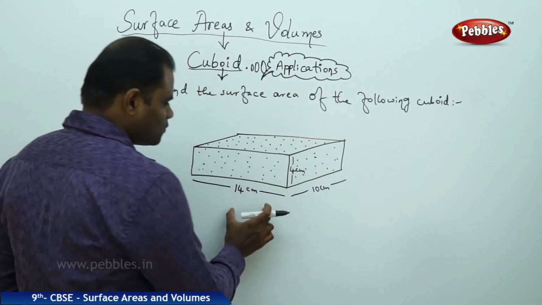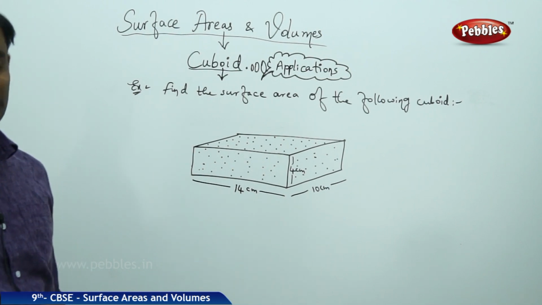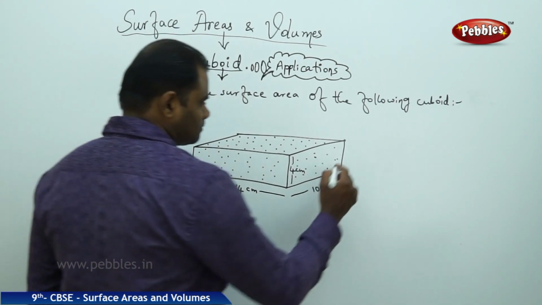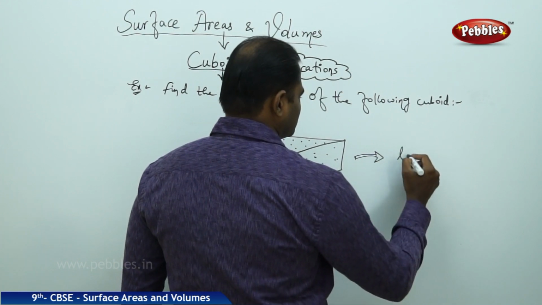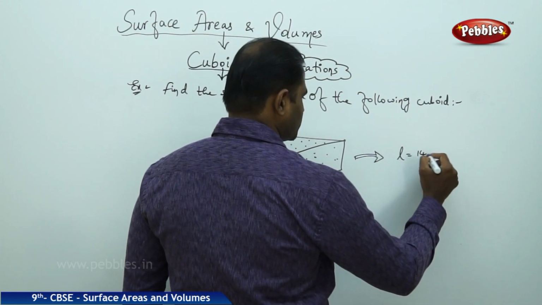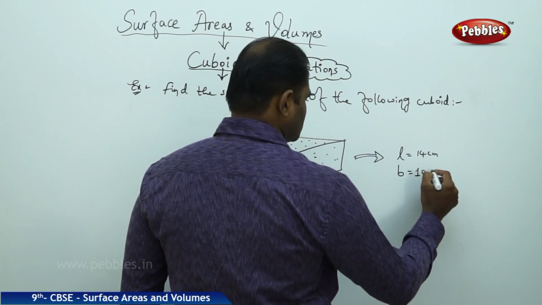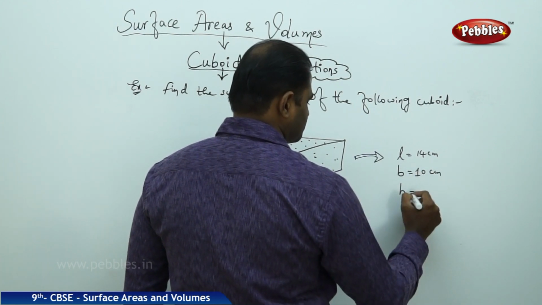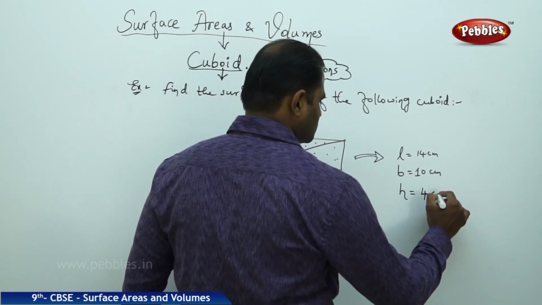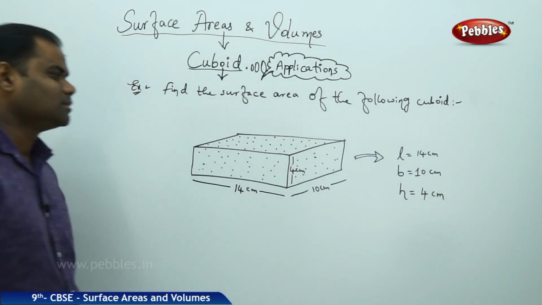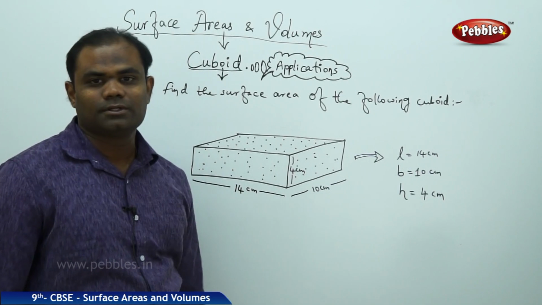Clearly, the dimensions 14, 10, and 4 are nothing but the length, width, and height which we identify in the diagram. So for this cuboid, I identify that my length L is 14 centimeter, my width B is 10 centimeter, and my height H is 4 centimeters. So L, B, H, length, width, and height are given out here.